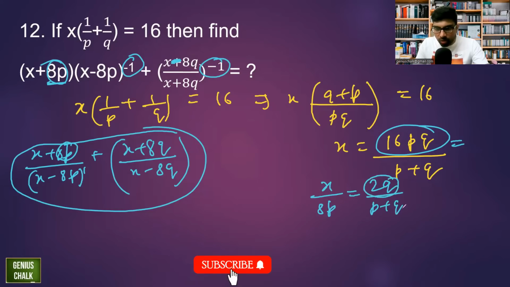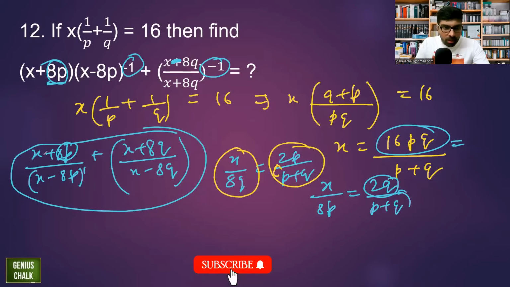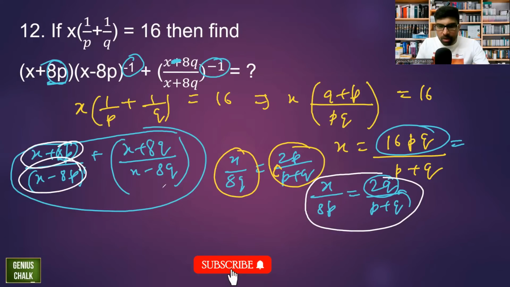You can see that the same form is coming. It is double of q. If you take this x by 8q here, again 2p upon p plus q. Again this form is coming, guys. 2p, that means double of this p. And whenever this form is coming, after applying componendo dividendo, I will be getting x plus 8p and x minus 8p, and x plus 8q and x minus 8q.